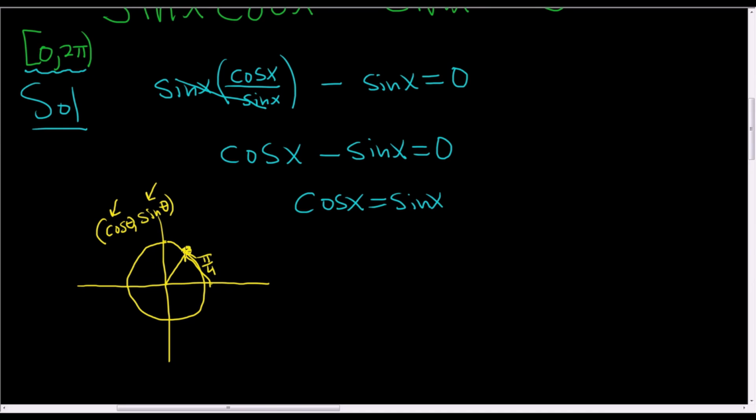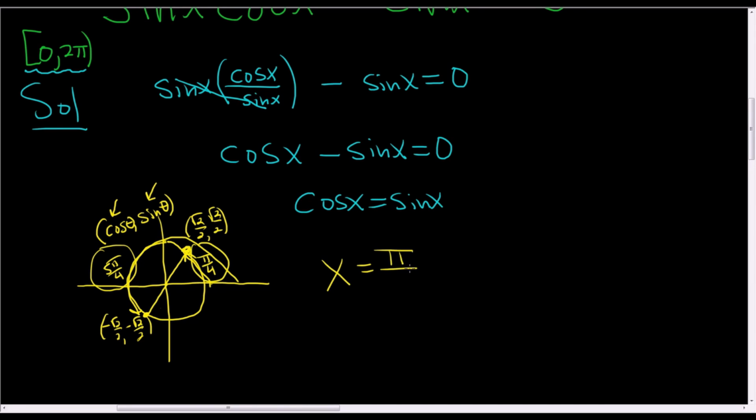And at this point, they're both square root of 2 over 2, square root of 2 over 2. And the other place is down here. This is 5 pi over 4. In this case, both sine and cosine are negative, so we have negative square root of 2 over 2, negative square root of 2 over 2. But all we care about are the angles. So the answers to this problem are pi over 4 and 5 pi over 4.